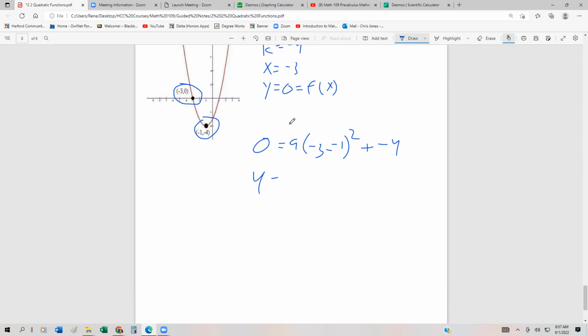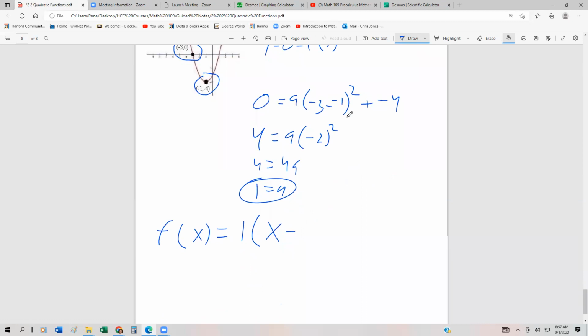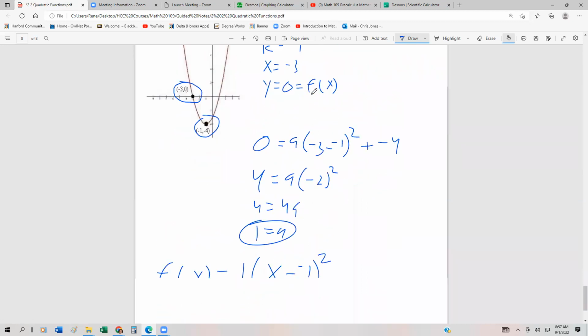So that's 4 is equal to a times (-2) squared. That just becomes 4 equals 4a, and so 1 is going to be equal to a. All right, so that's good. And that means that our function f of x is going to be 1 times (x minus h), which we said was -1, so minus -1 squared, and then minus 4.